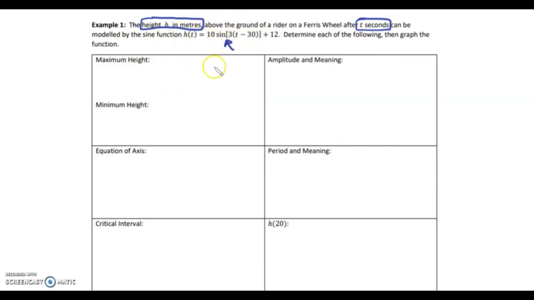So we're given an equation, so this is not as difficult of one because we can pick out the max height. Max height is going to be equation of axis plus the amplitude. Okay, equation of axis is here, it's 12. Amplitude is here, it's 10.